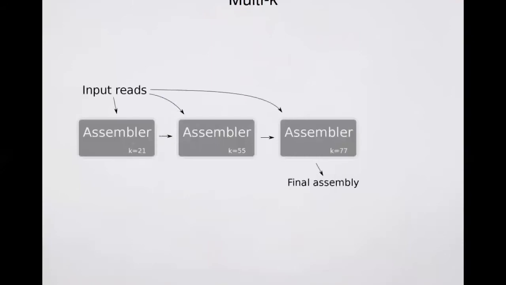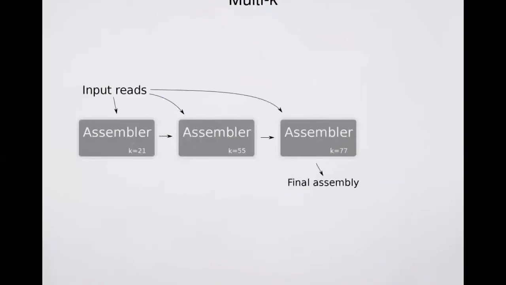I will also note that there's a useful technique for metagenome assembly and also genome assembly called multiple K. It's very easy to describe in this schematic. You start from input reads and you run the assembler with a small K value. The result of the assembler is given again to the assembler with a higher K value, as well as the reads.